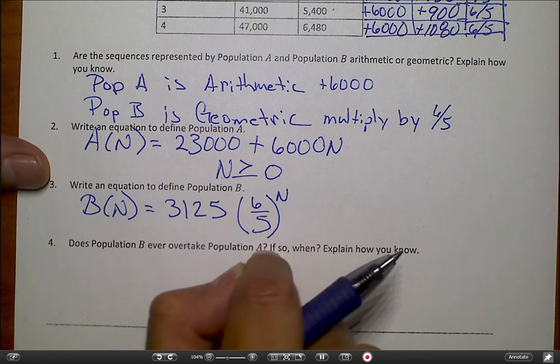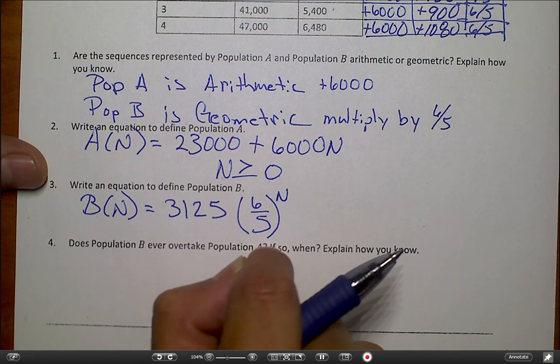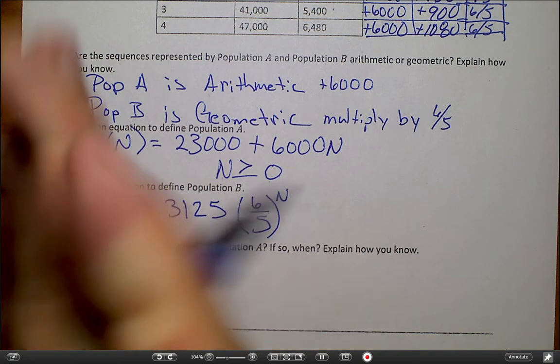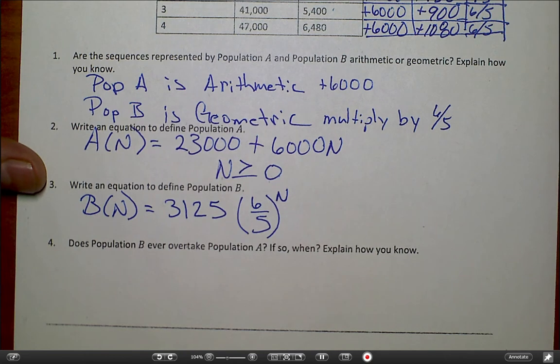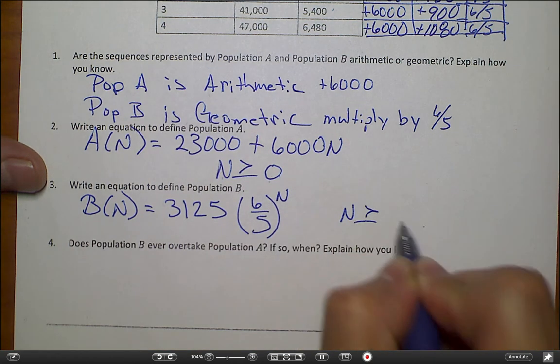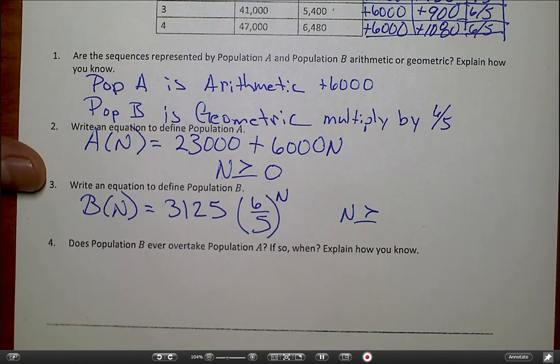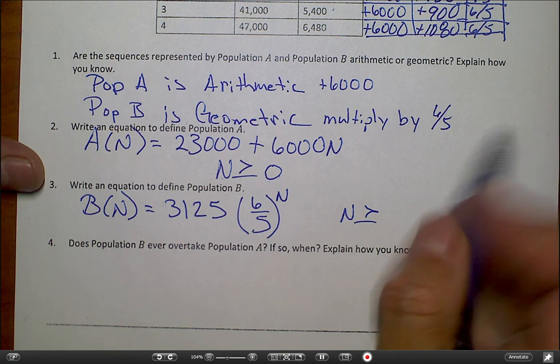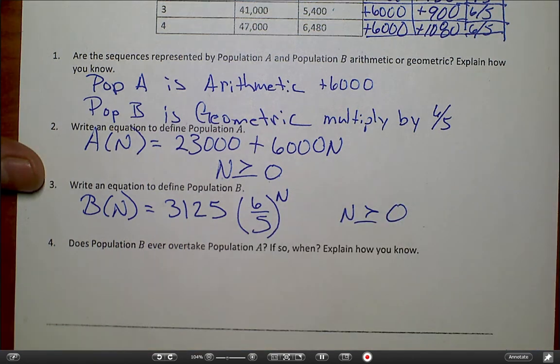Now we have to define this, because we have to define it for all the values to get every term in this sequence. So n is going to be greater than or equal to, is it 1 or 0? It is actually 0. Let me show you why.